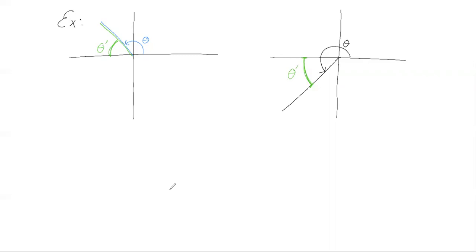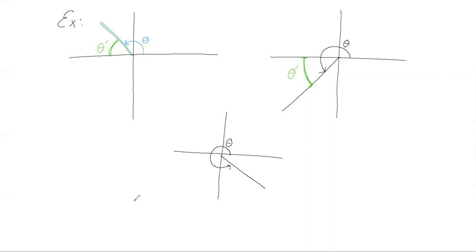Now, what about an angle in quadrant 4? What I mean is the terminal side of an angle lies in quadrant 4. Suppose this is the angle theta.